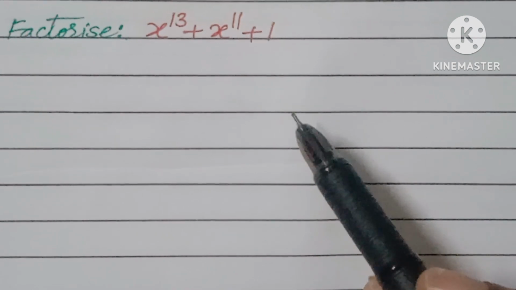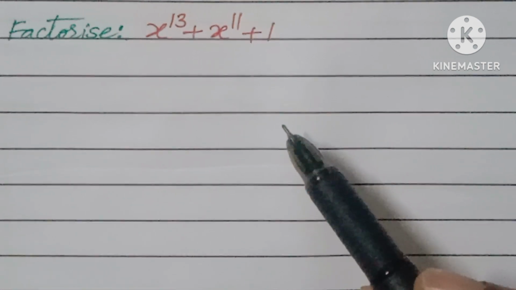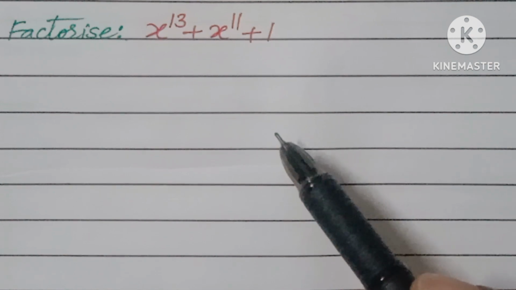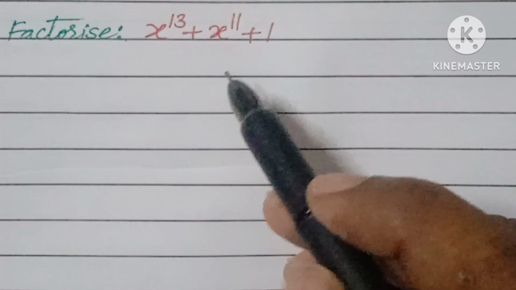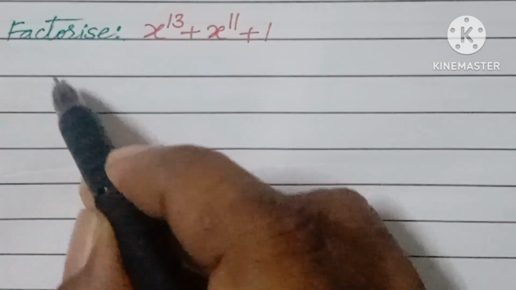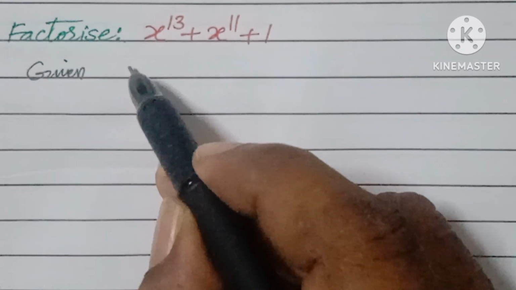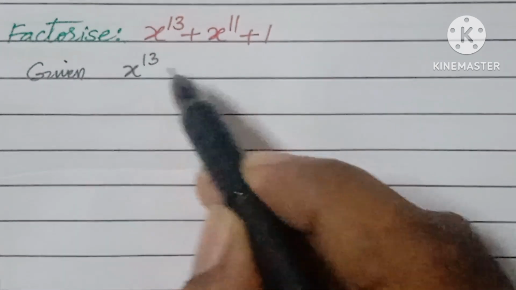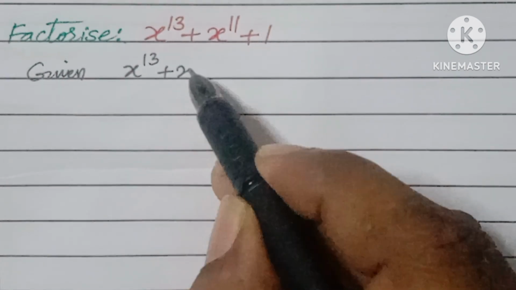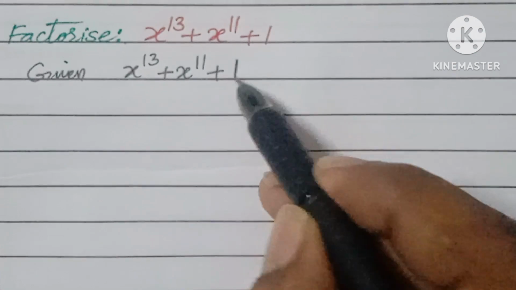So how to solve this problem? In algebra, factorization is very important. If you know the skills of factorization, you can do the algebra very easily. So here, first of all, I'll write the given: x power 13 plus x to the power of 11 plus 1.